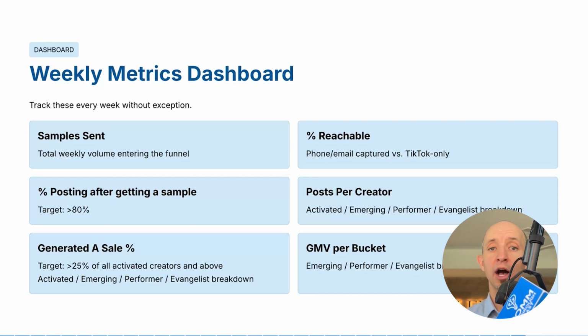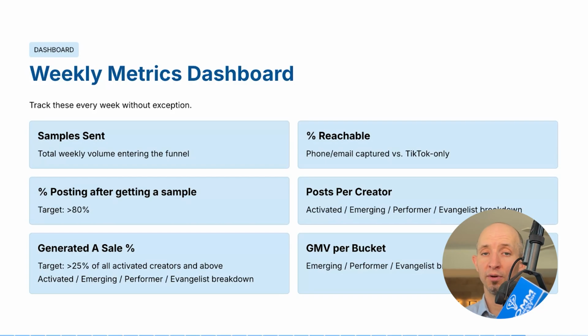So we sent out 100 samples last week. Great. What percent of them do I have their contact info from? How many completed that form so that I have their email and their phone number? Then I want to know how many posts I'm getting per creator for the different buckets that we have. What's the average number of posts for all of the creators in the activated bucket?